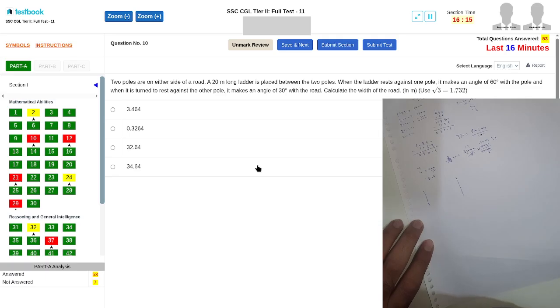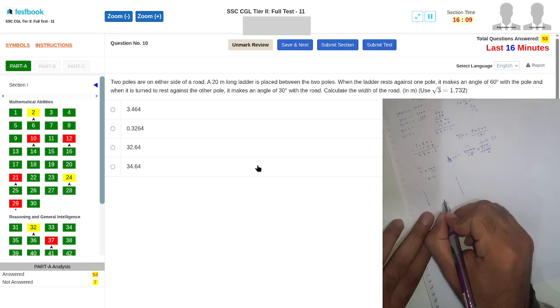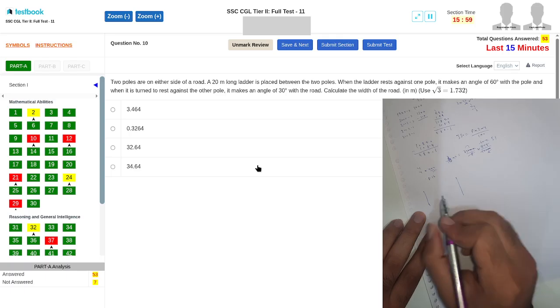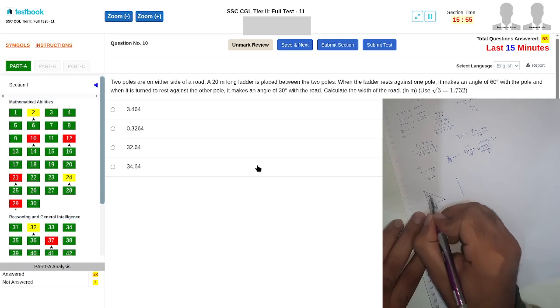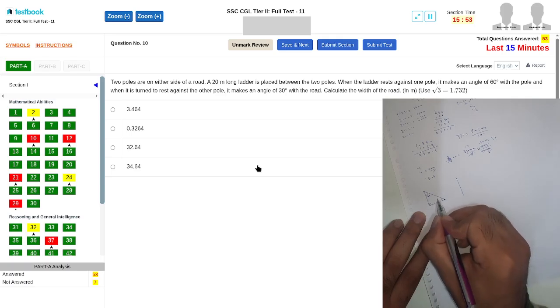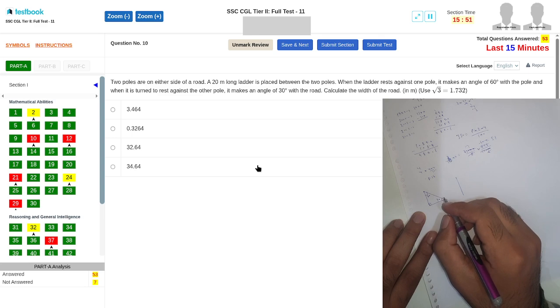Two poles are on either side of a road. ठीक है, रोड यहाँ पे लगा दिया. A 20 meter long ladder is placed between the poles. When the ladder rests against one pole, it makes an angle with the pole 60 degree, 30 degree. And when it turns to rest against the other pole, it makes an angle with the road.